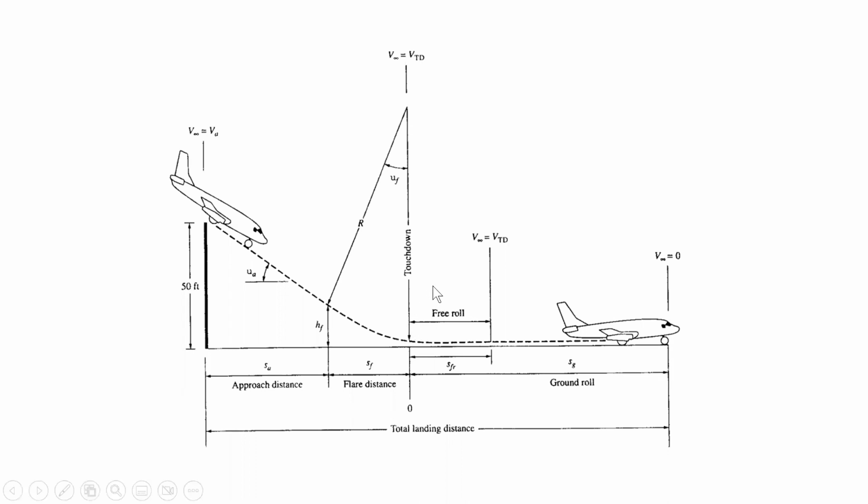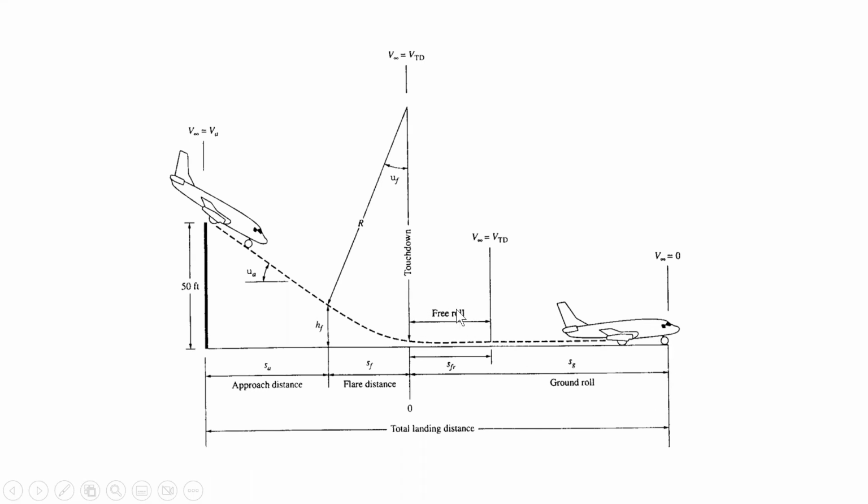The velocity remains constant during this entire distance, which we call free roll. What happens during free roll is the wheels at the back are on the ground, and the nose is slightly up from the ground. And during this free roll, the aircraft basically tries to bring the front wheel, the nose wheel, on the ground.